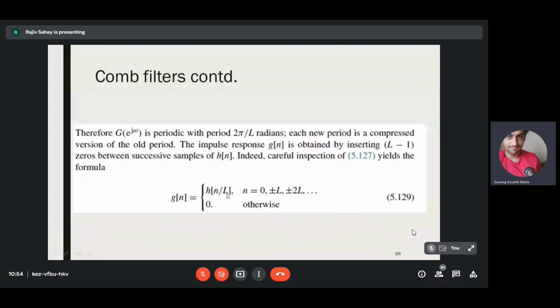So we try to build another impulse response g of n, which is a dilated version of the original impulse response h of n, by inserting L minus 1 zeros between successive samples of h of n.